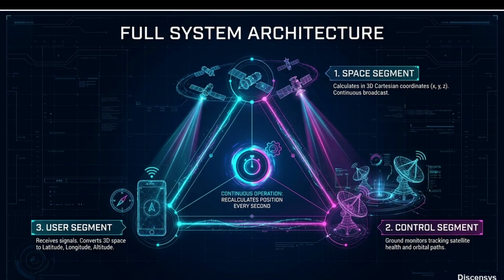And the user segment is going to receive the signals and convert the 3D space to latitude, longitude, and altitude. This is a continuous operation, recalculated each and every second. That's how, whenever you walk, the GPS changes every second.